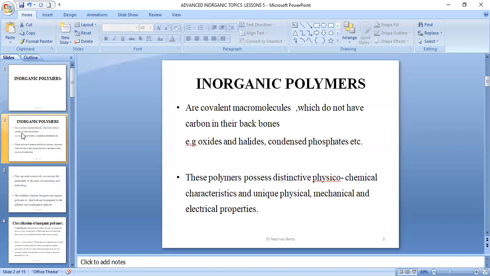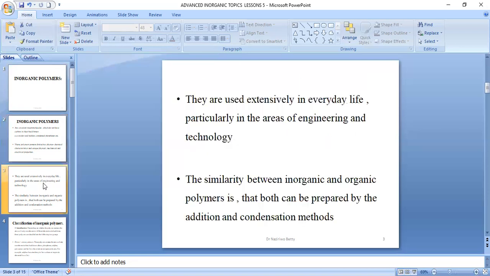These polymers possess distinctive physical and chemical characteristics, and unique physical, mechanical, and electrical properties. They are used extensively in areas of engineering and technology.